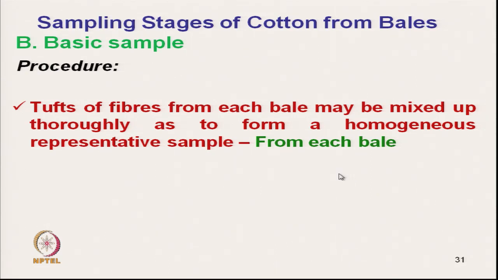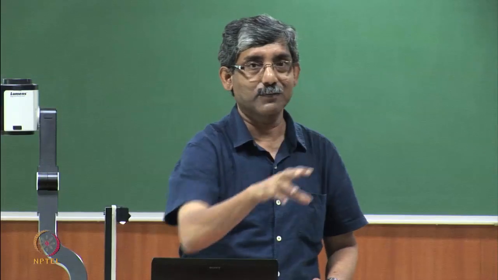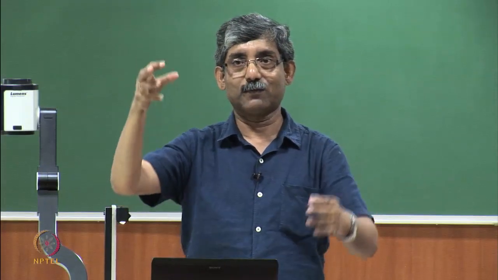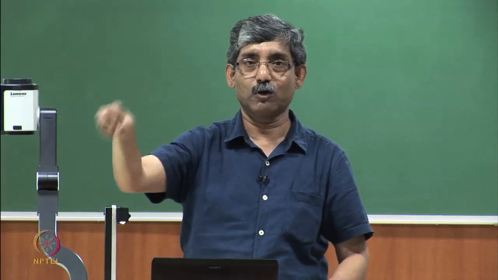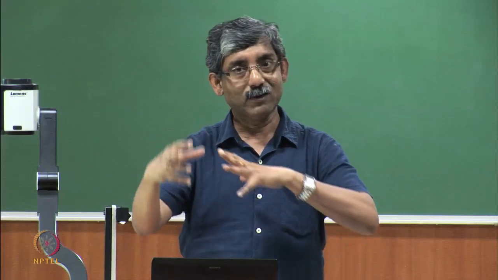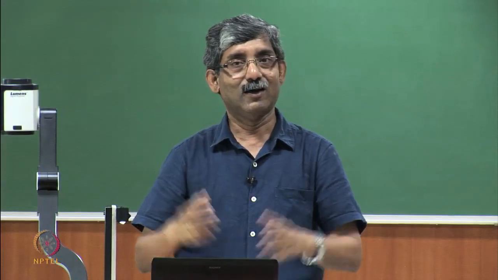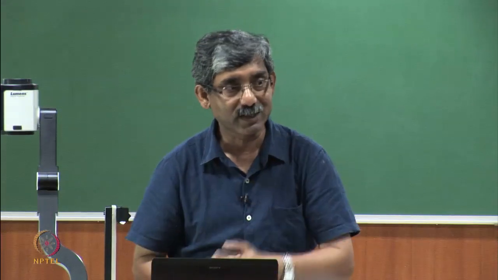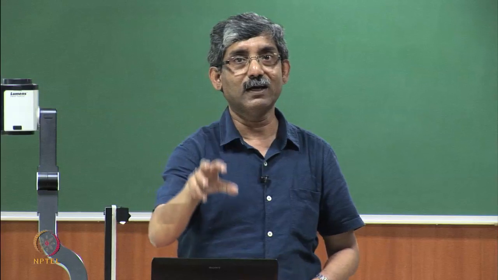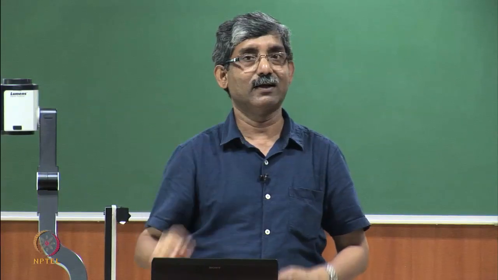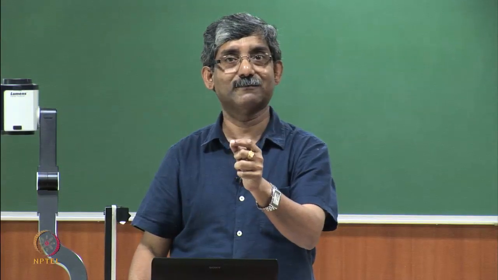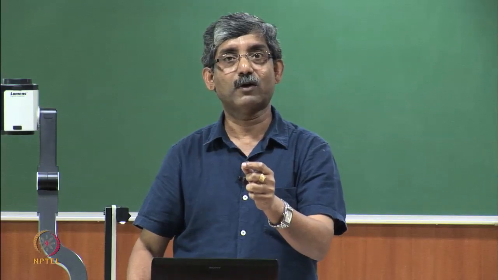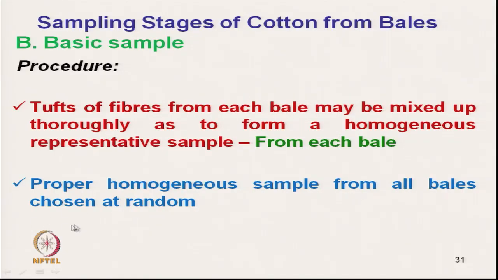From each bale, we take samples from different tufts, from the top, bottom, and center, and then mix them to get a homogeneous mixture, and from there we select the sample. From each bale chosen at random we select a proper homogeneous sample. That is the basic sample we have prepared.